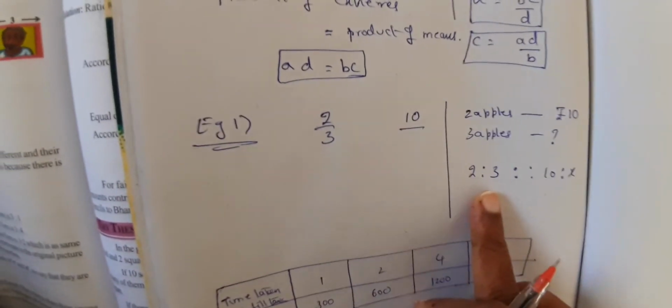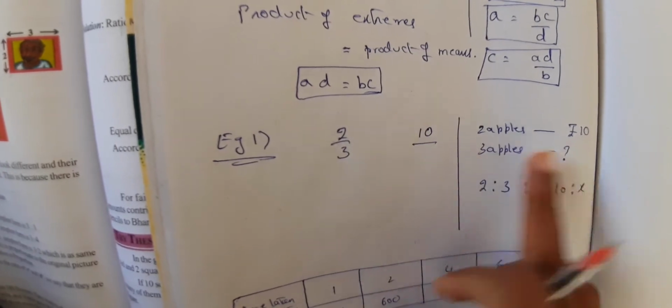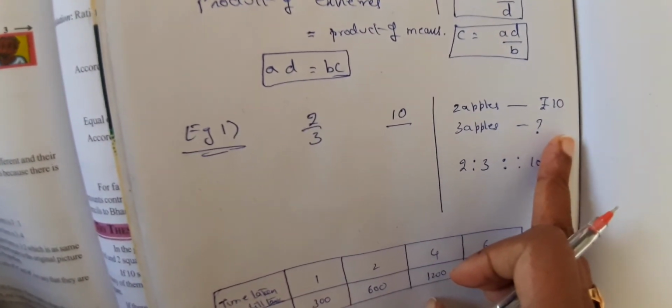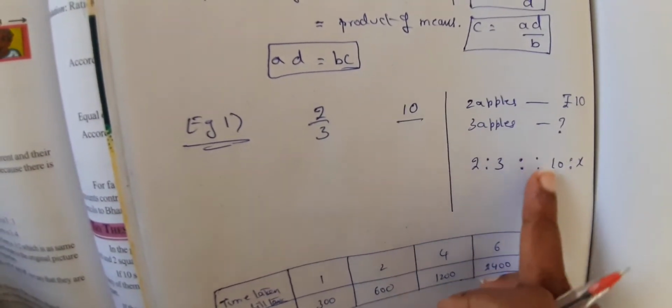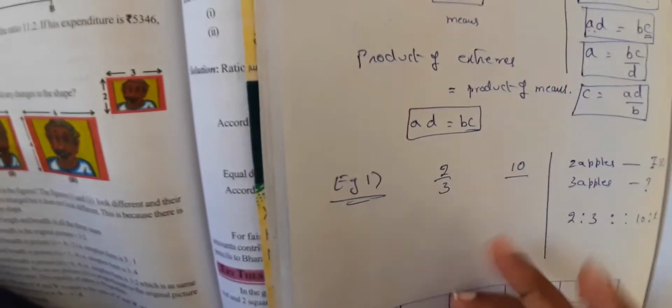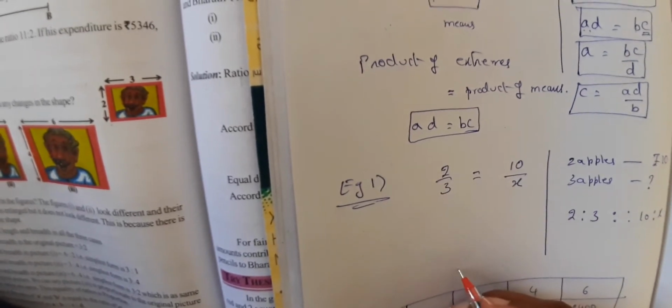Very good. So here the ratio of the apples is taken, which can be equated to the ratio of their costs. That is how I am writing it here, 2 is to 3 as 10 is to x. Now in the general form, if we write 2 by 3 is equal to 10 by x, you can use it.